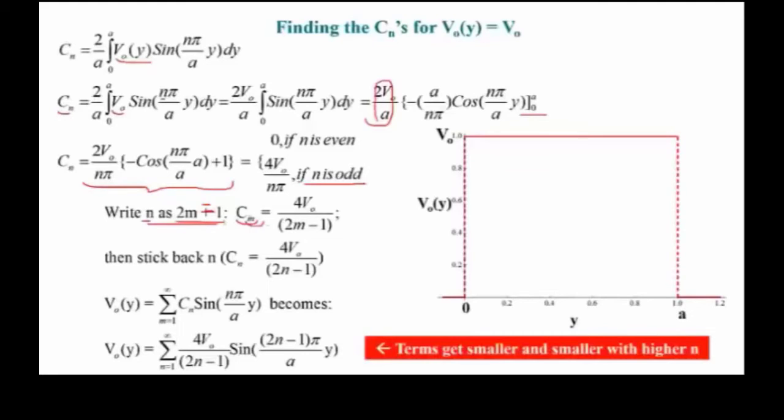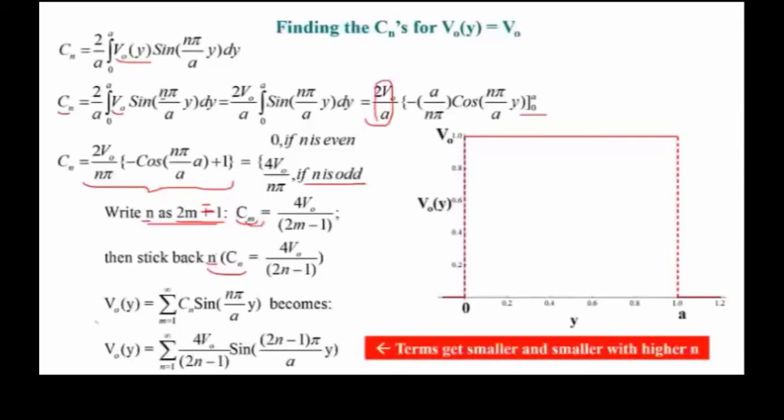So if m is going 1, 2, 3, 4, 5, this will always be odd, and so you'll get this particular value of the C sub m. Now we're going to stick back n, because n is favored by all physicists and mathematicians. So put it back in, and you'll have 4v0 over 2n minus 1, where we've gone in a circle and made this m equal to n.